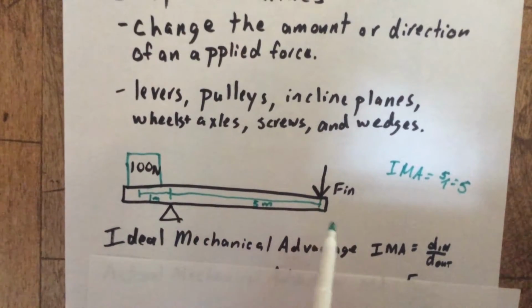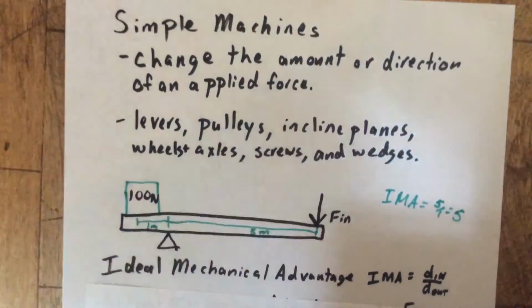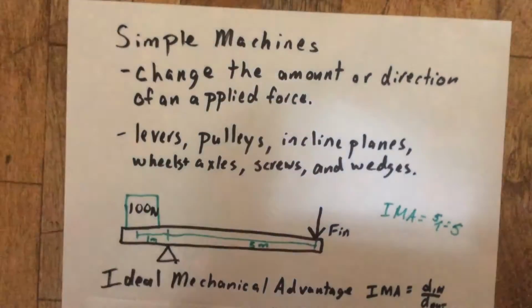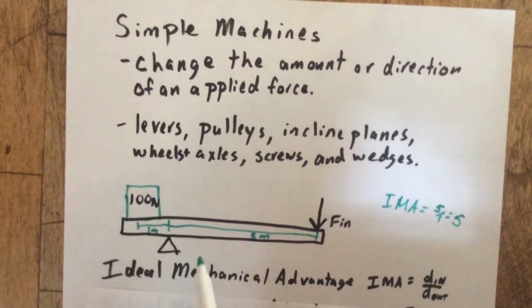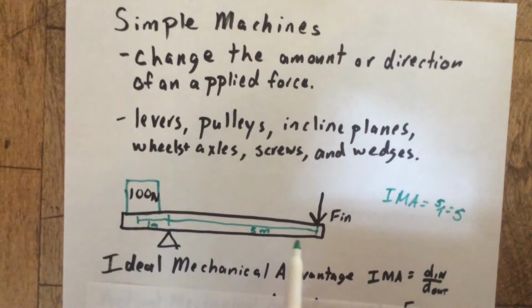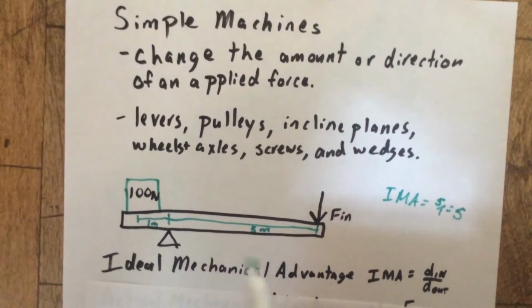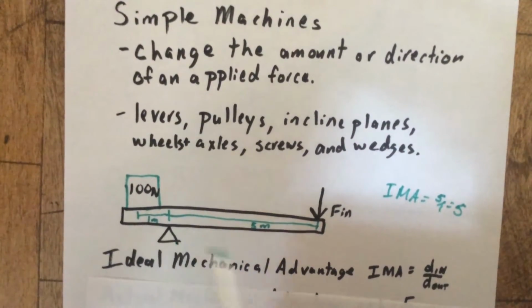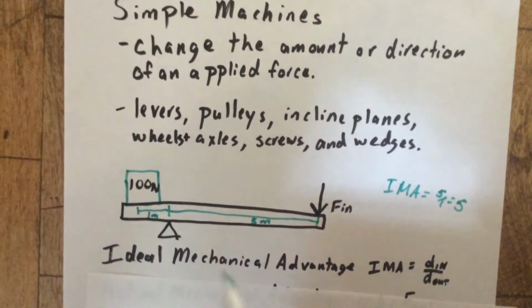But that implies that this bar is not going to bend at all. It has no mass. There's no energy being lost or converted into heat or something like that. So there's no friction between it and the fulcrum here.